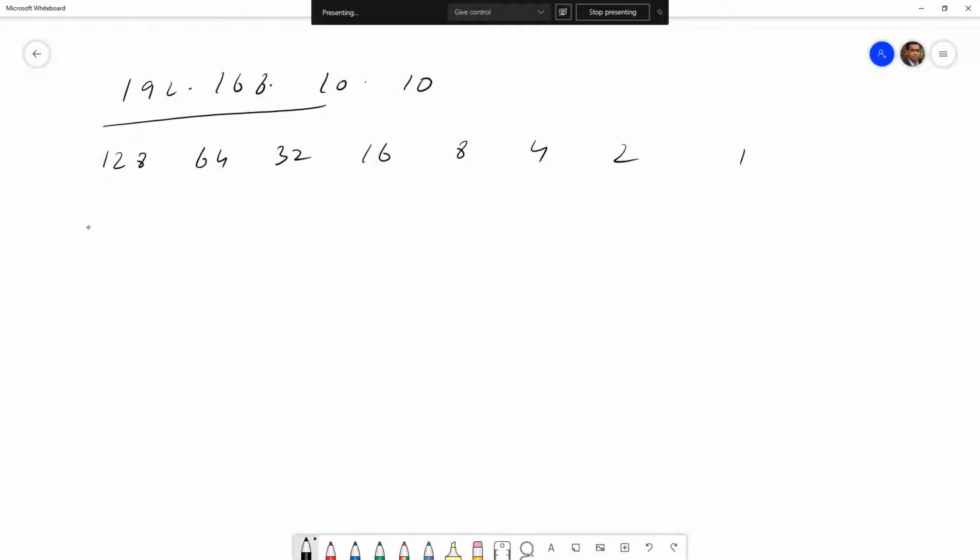This will be 11000000 dot, and then, sorry, 168, so 10101000, okay, 10, and then 10.